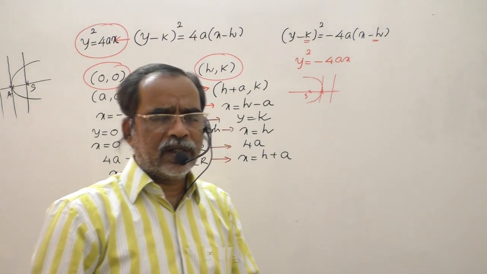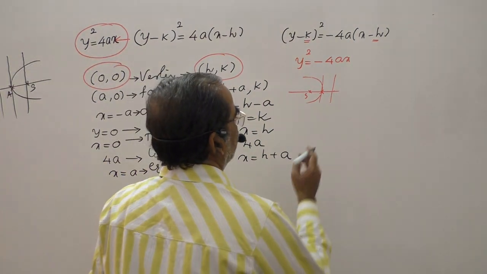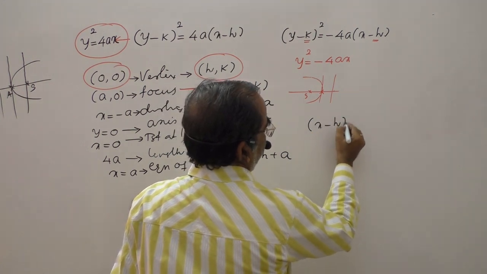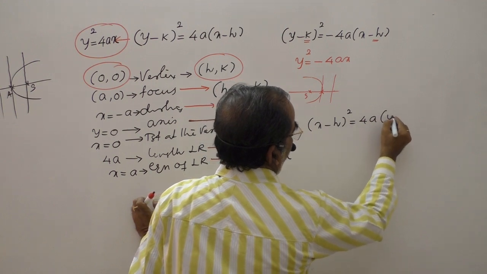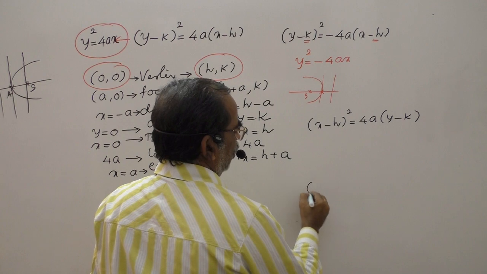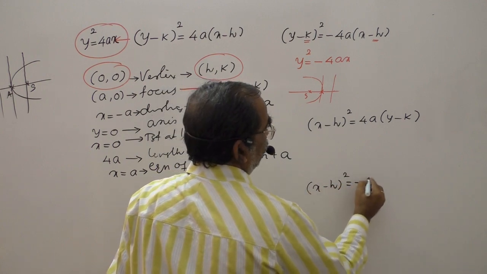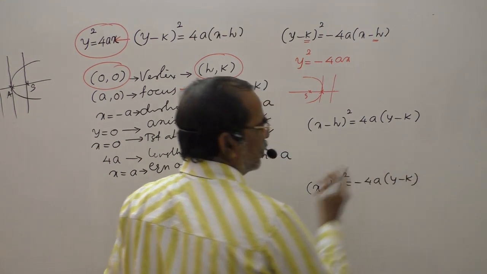So similarly, in the second set, there are two more parabolas, no? x minus h whole square is equal to 4a into y minus k. For this, the axis is parallel to the y axis. And also x minus h whole square equal to minus 4a into y minus k.